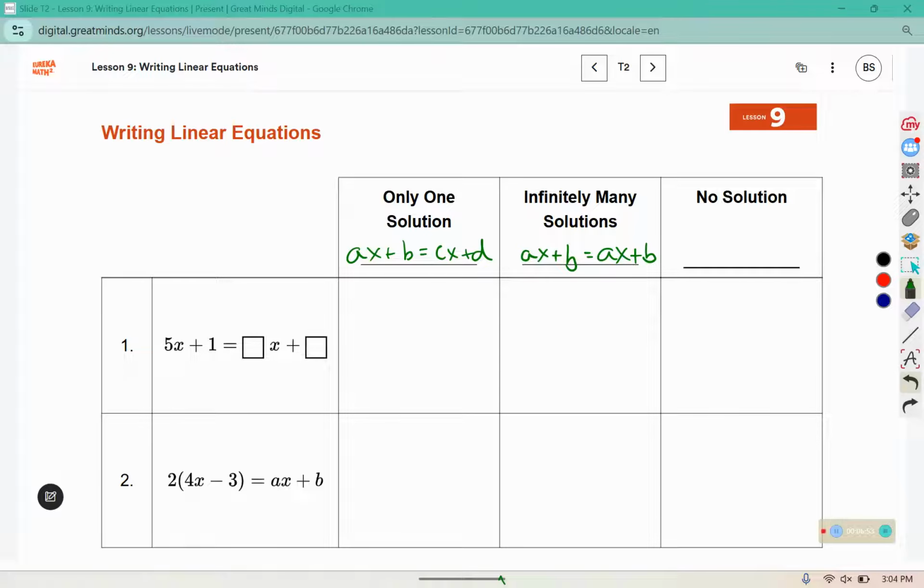And in no solutions, the variable terms match, but the number terms did not. This one has a B and that one has D.